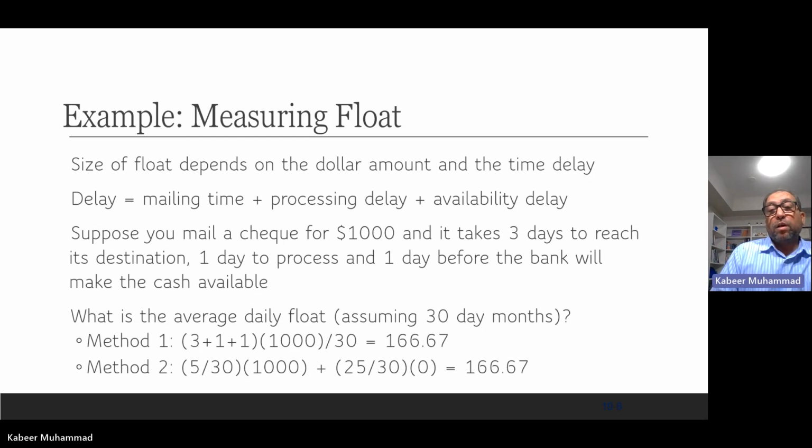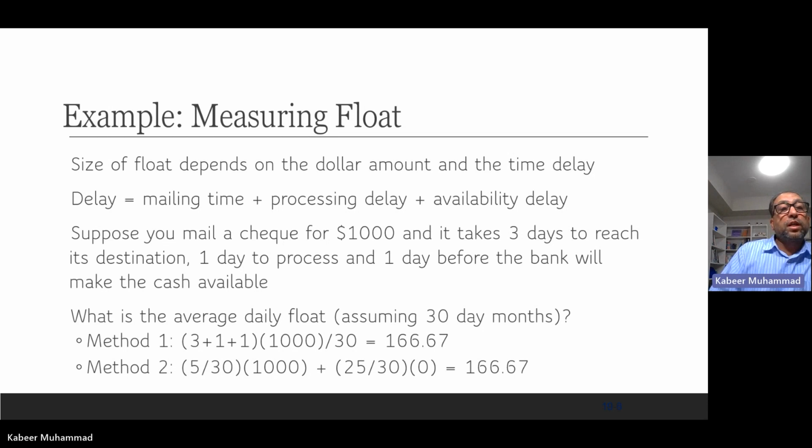Like we are thinking of a scenario in which it is not online, but a physical check, like mailing time: you send a check through mail, through Canada Post, plus processing time, like you process this check and then deposit it into your account, and the bank takes time to collect it, and this is availability delay.